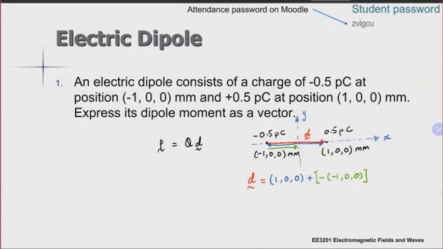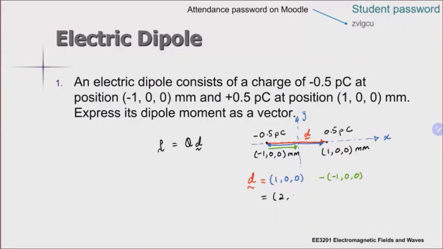Normally we just write it as minus the second vector. Okay, so this gives us 2, 0, 0, and this is in millimeters.